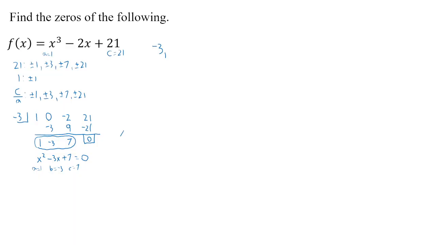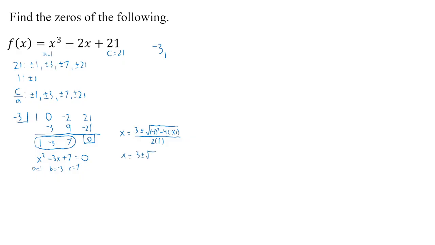So now we're going to set this up. -(-3) is +3, plus or minus the square root of -3 squared minus 4 times 1 times 7, over 2 times 1. We're going to go ahead and do our calculations.